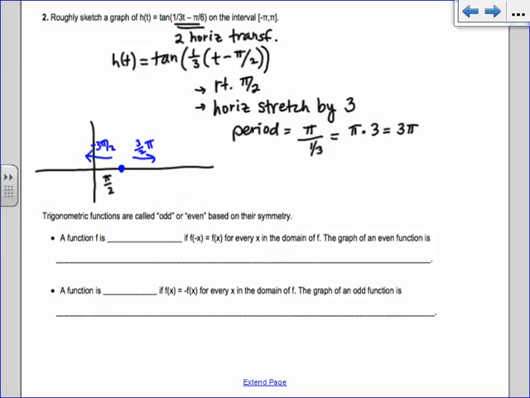If I add 3 over 2 pi, that puts me at 4 over 2 pi, which is 2 pi. And if I subtract 3 over 2 pi, I'm at negative pi. That's going to be the location of my first asymptotes.